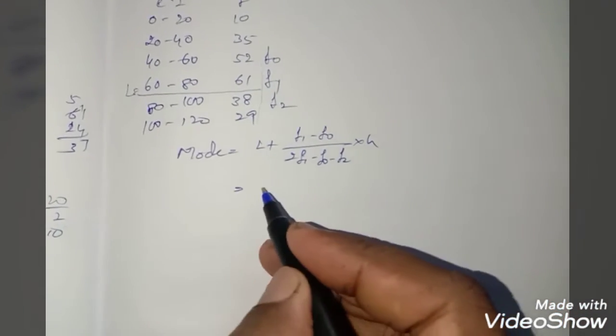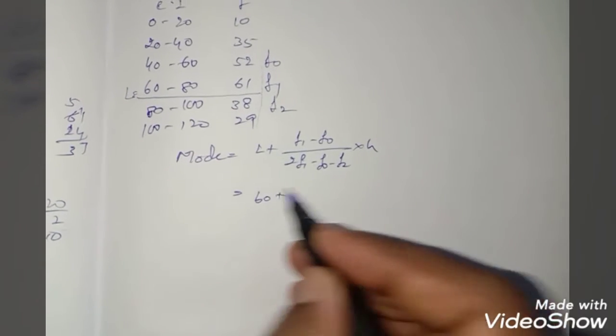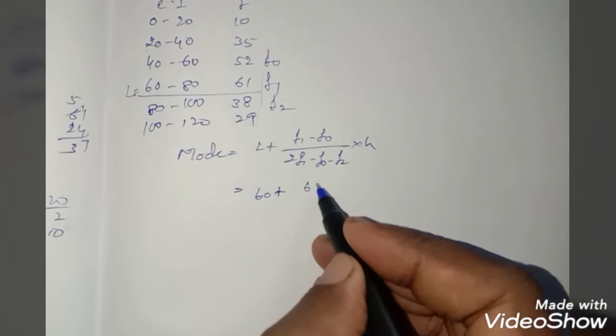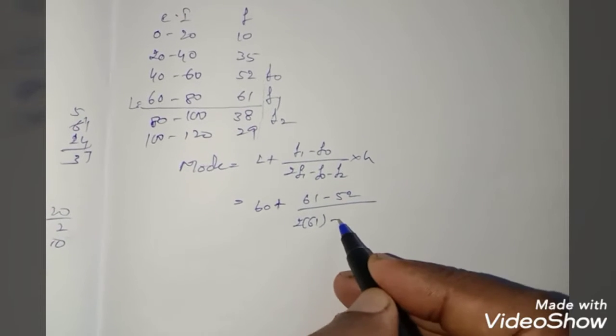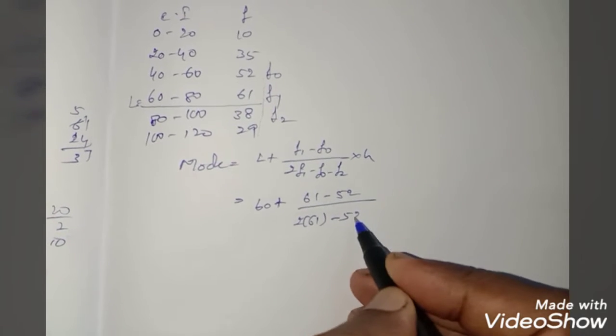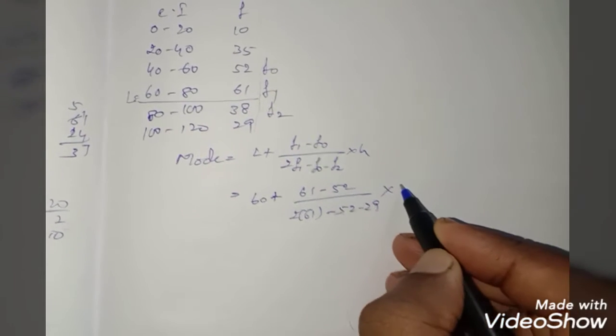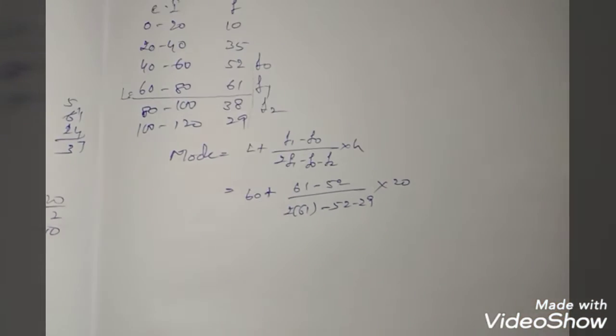Now if I substitute, L is 60 plus F1 is 61 minus 52 divided by 2 into 61 minus 52 minus 29, into frequency is 20, the height value.